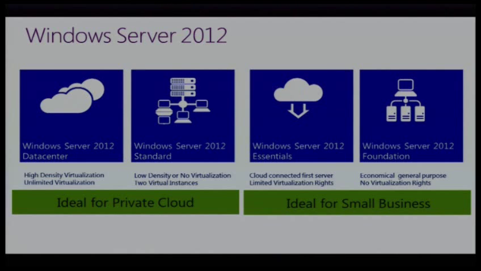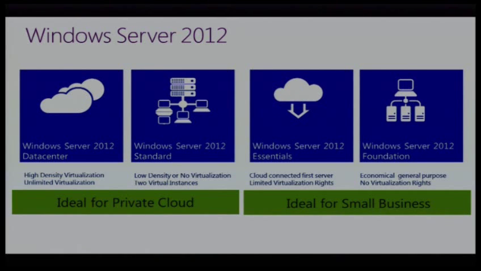Windows Server 2012 Essentials is a cloud-connected first server, ideal for small businesses with up to 25 users, providing customers with the flexibility to have email in the cloud, run line of business applications, or run email on premises. The licensing for Essentials will continue to be server model with no CAL requirements.